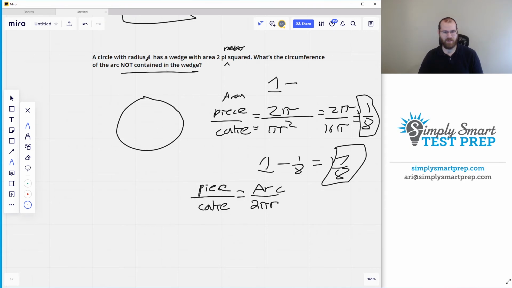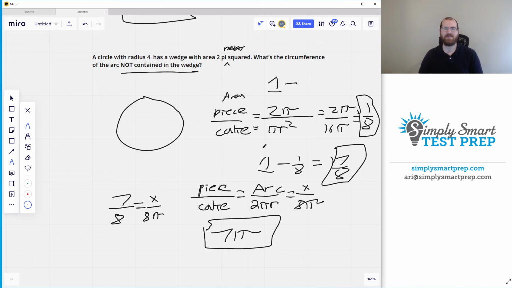Well, I'm given r, radius 4, so 2 times radius 4 is 8 pi. Okay, so now this is my piece of cake. Well, the piece of cake before, I solved as 7 over 8 equal x over 8 pi. And then I could recognize that 8 goes to 8 pi as 7 goes to 7 pi. So my answer would be 7 pi.